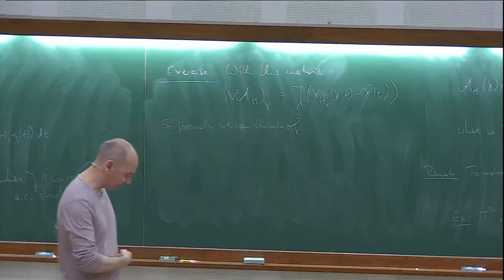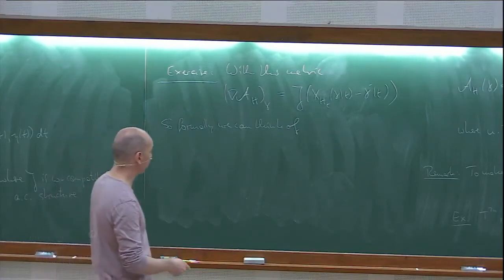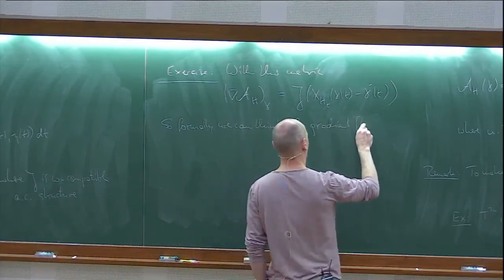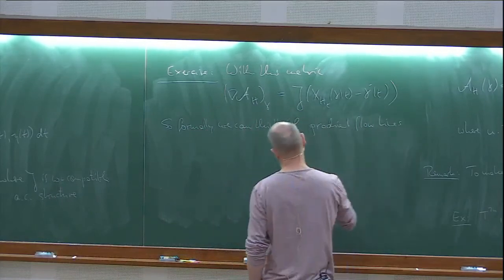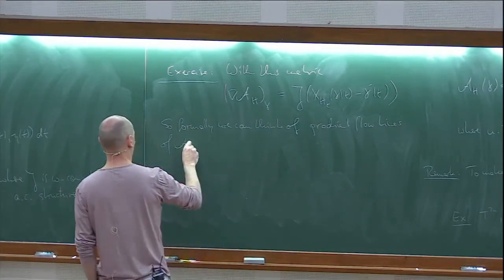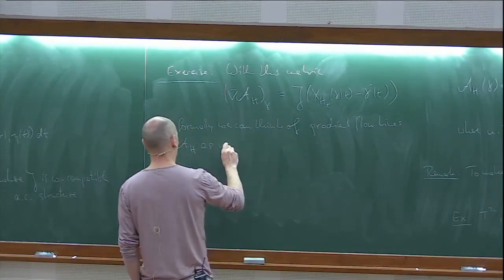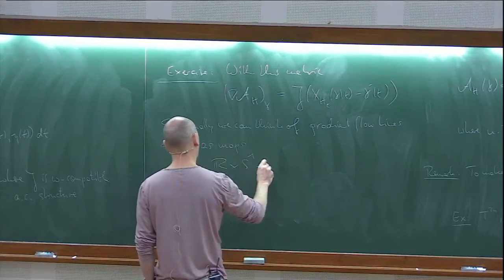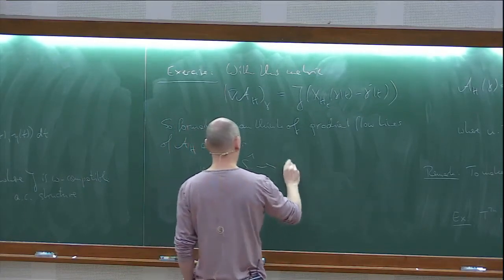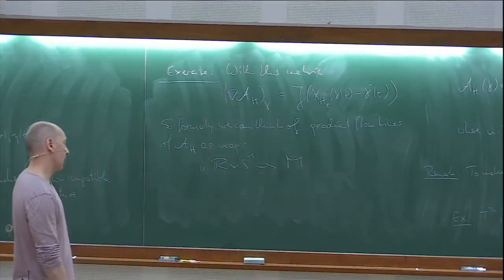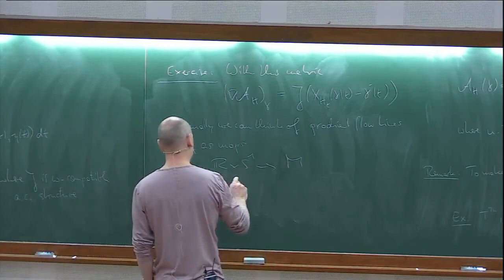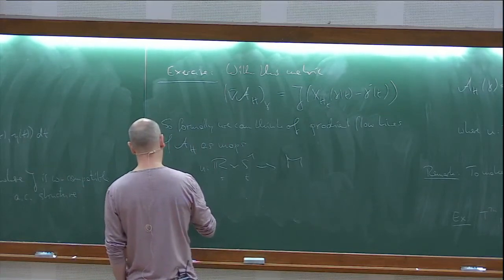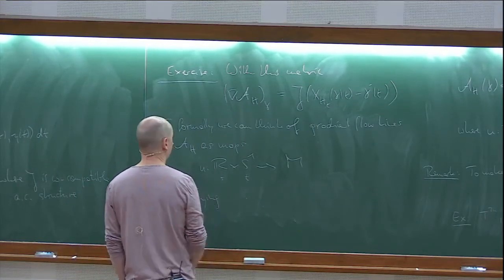So formally, we can think of gradient flow lines for AH as maps U from R times S1 into M, where now I have two variables, S and T, satisfying the gradient flow equation.